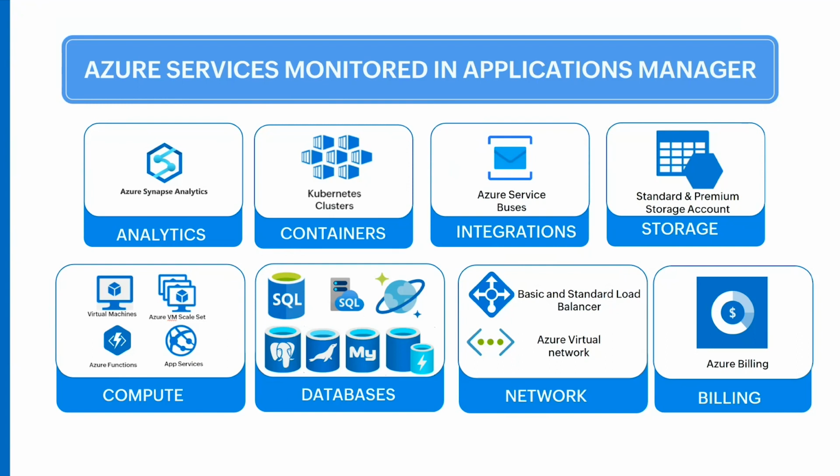In storage, we monitor both standard and premium storage accounts. In analytics, we monitor Azure Synapse. In compute, we monitor Azure Virtual Machine, Azure Functions, and Azure Scale Set. And in billing, we monitor Azure billing for the respective services hosted under Azure.